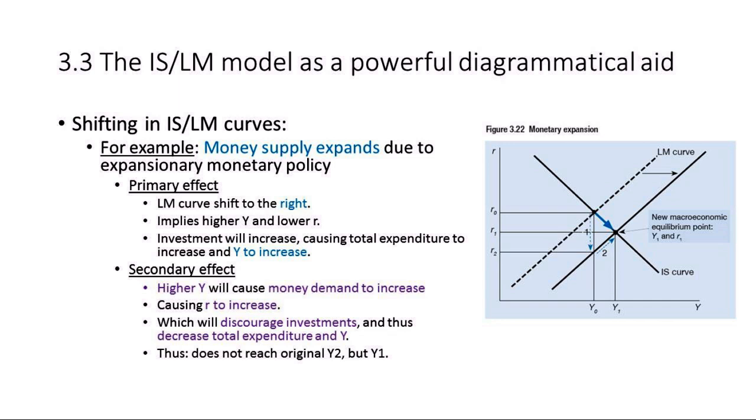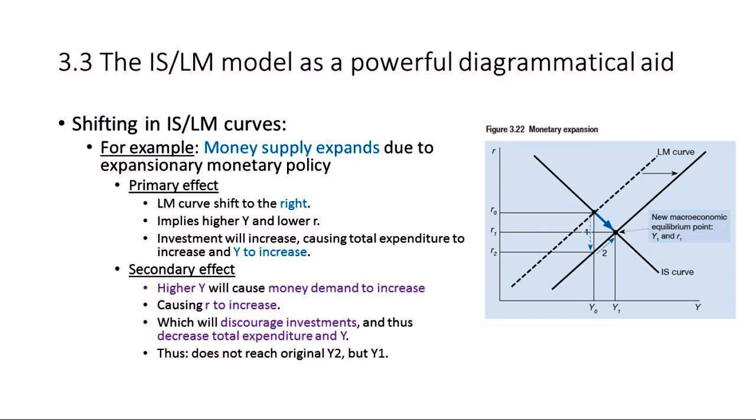But there's again a secondary effect. Once incomes start going up, the demand for money increases, and it causes interest rates to increase, which discourages investment and decreases the total expenditure. You can again see that initial primary effect movement from the equilibrium to 1, and then the secondary effect from 1 through to 2, which puts you at the new equilibrium level.